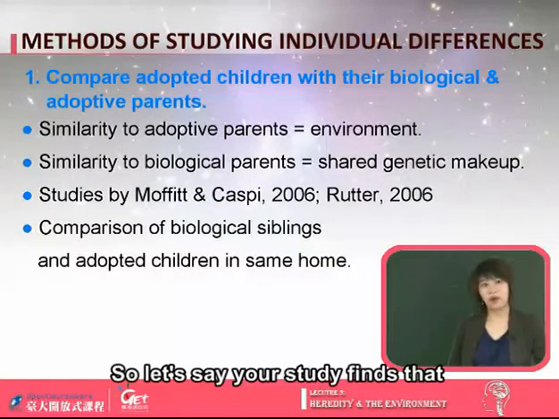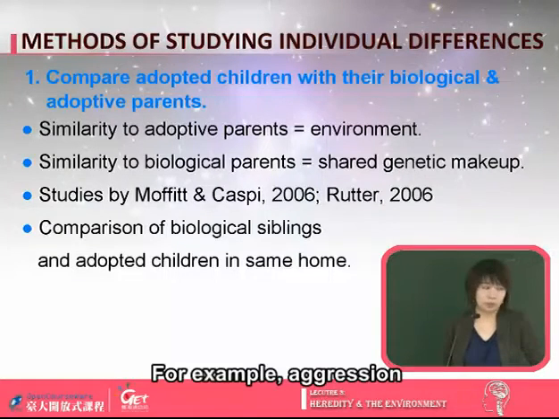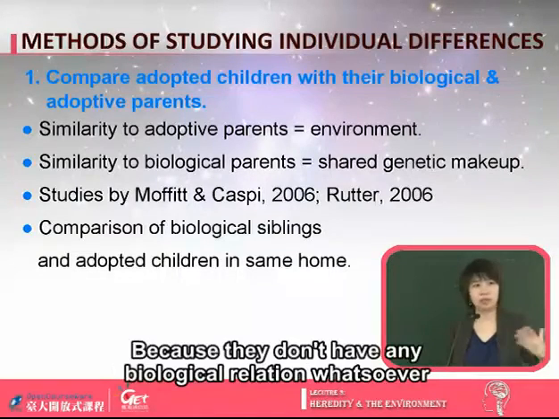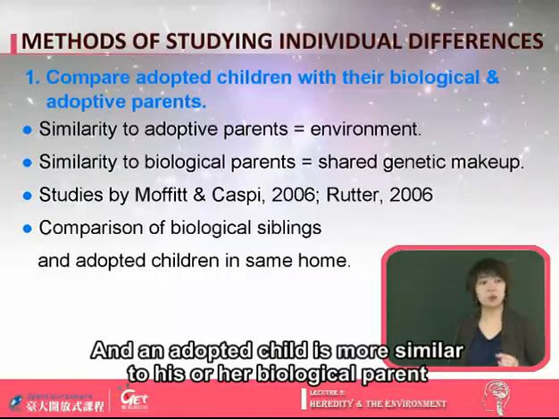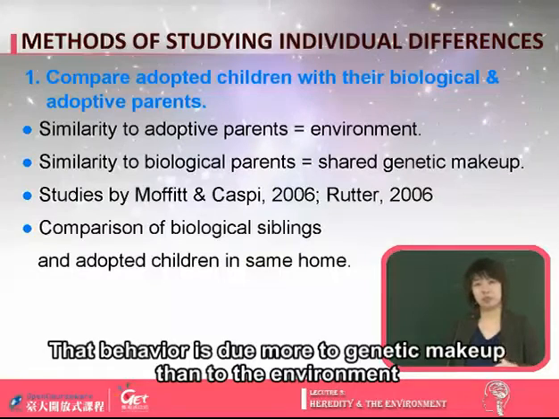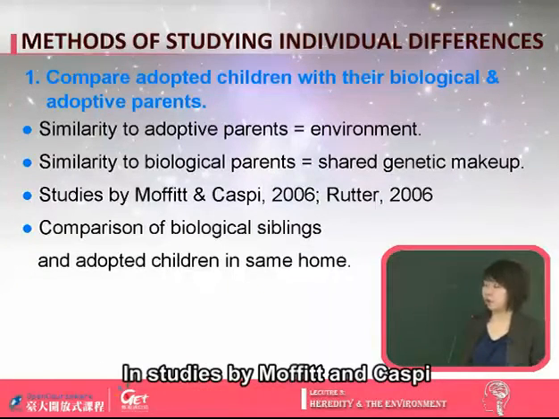So let's say your study finds that the child is more similar to the adoptive parent in a particular behavior, for example, aggression, then you might say that it's mostly due to environment because they don't have any biological relation whatsoever. If you find that an adopted child is more similar to his or her biological parent, then you would say there's a shared genetic makeup, that behavior is due more to genetic makeup than to the environment. And this has been demonstrated a lot, for example, in studies by Moffitt and Caspi.